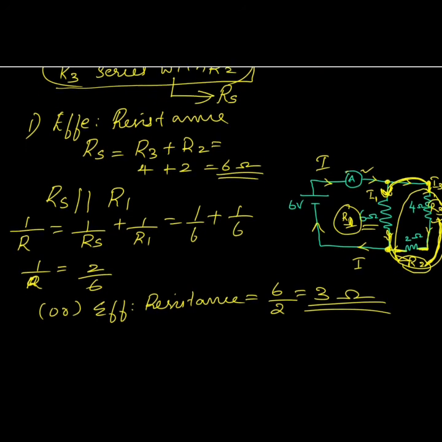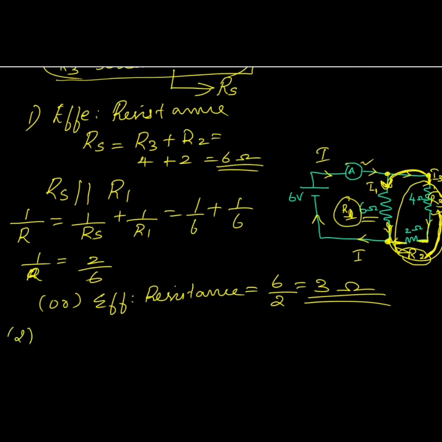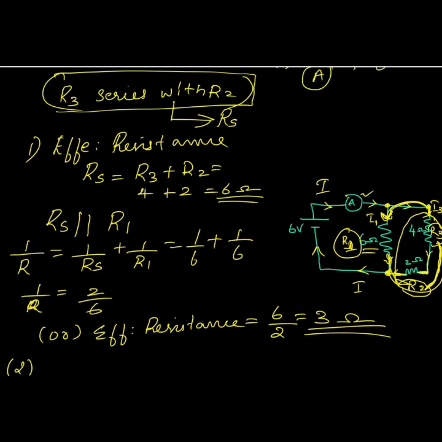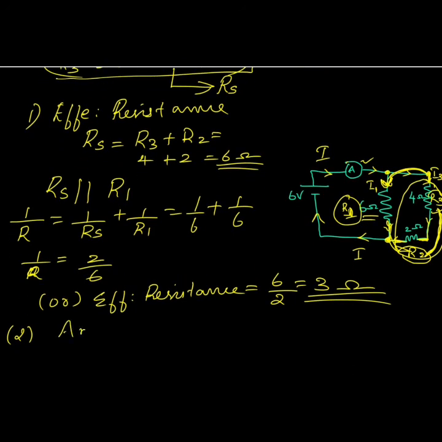Okay, now the second question is to find the current or ammeter reading. The ammeter is placed in the main circuit itself, that is the main region. So the ammeter reading is the main current itself.